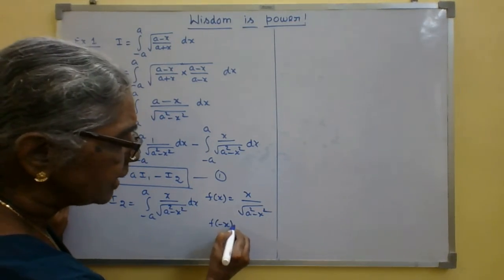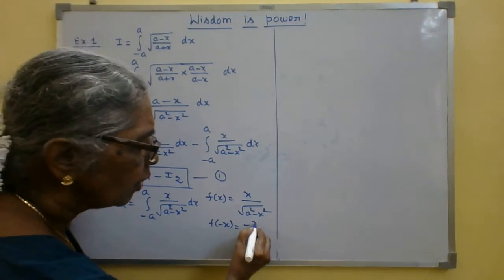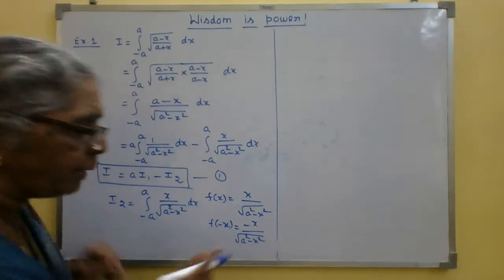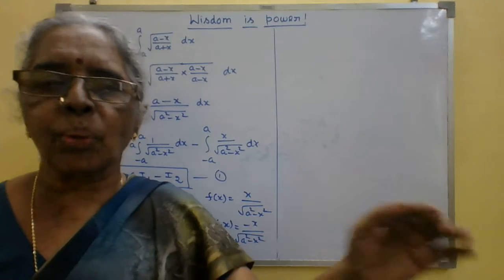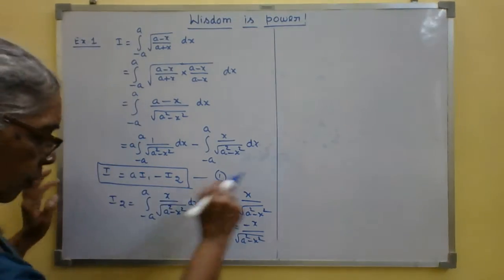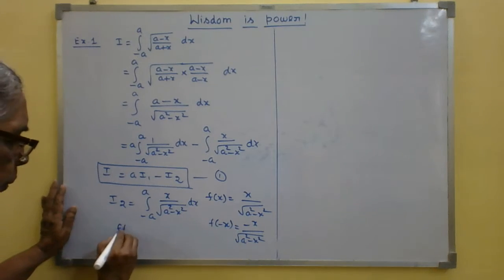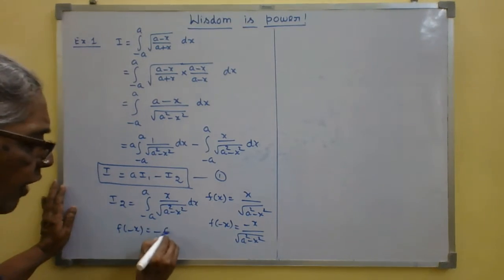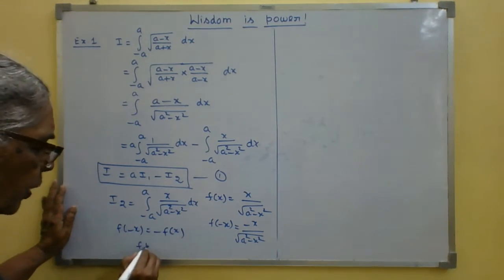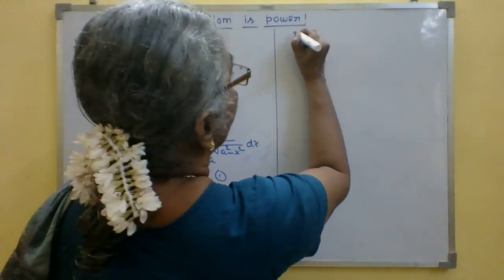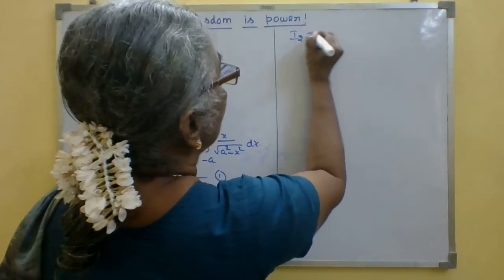Let me find f of minus x. That x will become minus x, and you will get a squared minus x squared again, because minus x the whole squared is nothing but x squared. So f of minus x is equal to minus of f of x. So f is odd in I2, and I can write I2 is equal to 0.